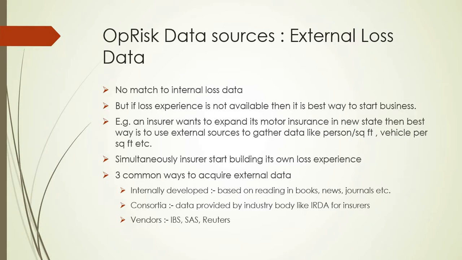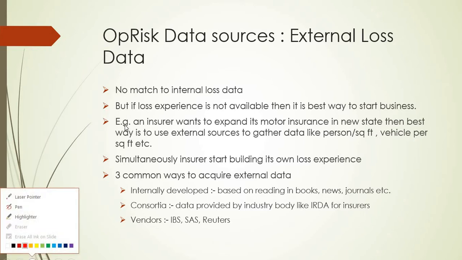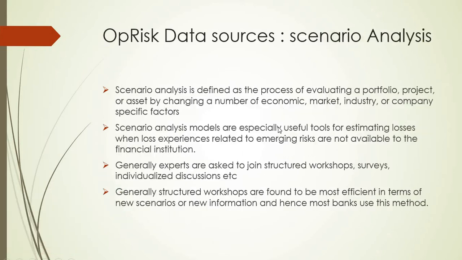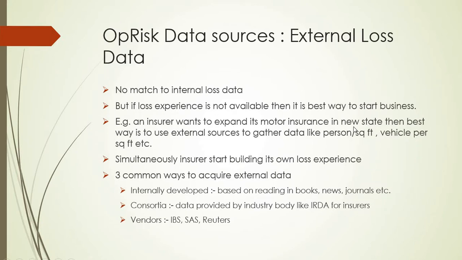That kind of information depends on one market to another. So this is the example we are talking about. That's why it is very important that whenever companies are new to a market, a country or a state, they use the existing data of that state through external loss data.